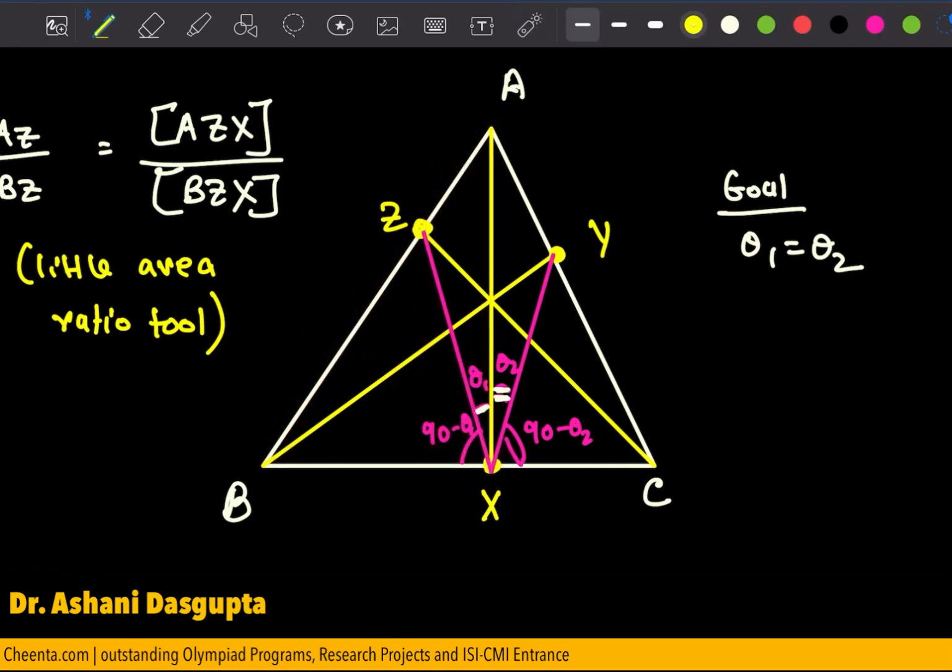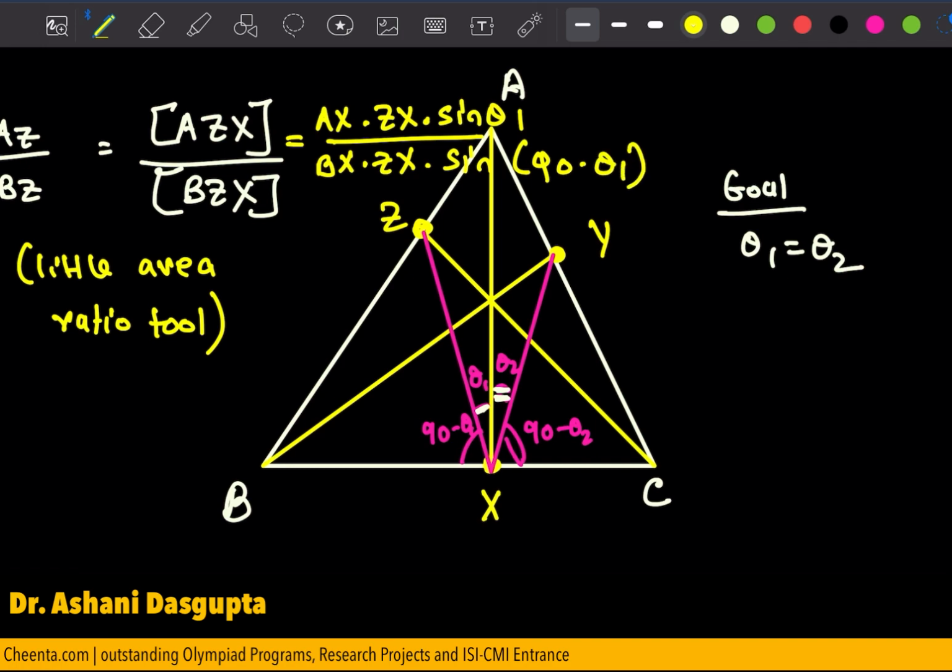So this is AZ by BZ, but now we can use the trigonometric area formula, which is AX times ZX times sine theta 1 divided by BX times ZX times sine of 90 minus theta 1, right? Because this angle is 90 minus theta 1.